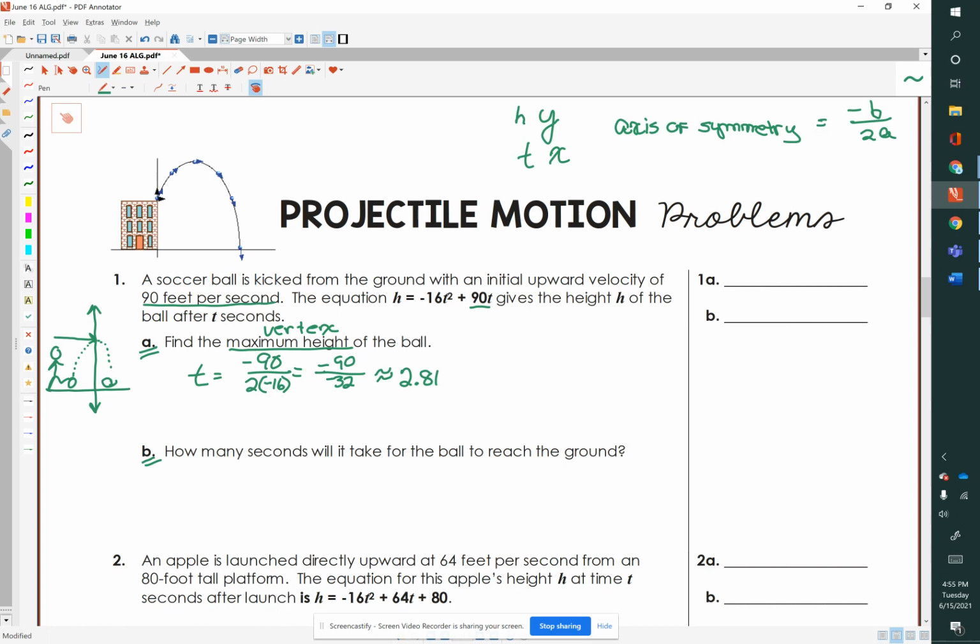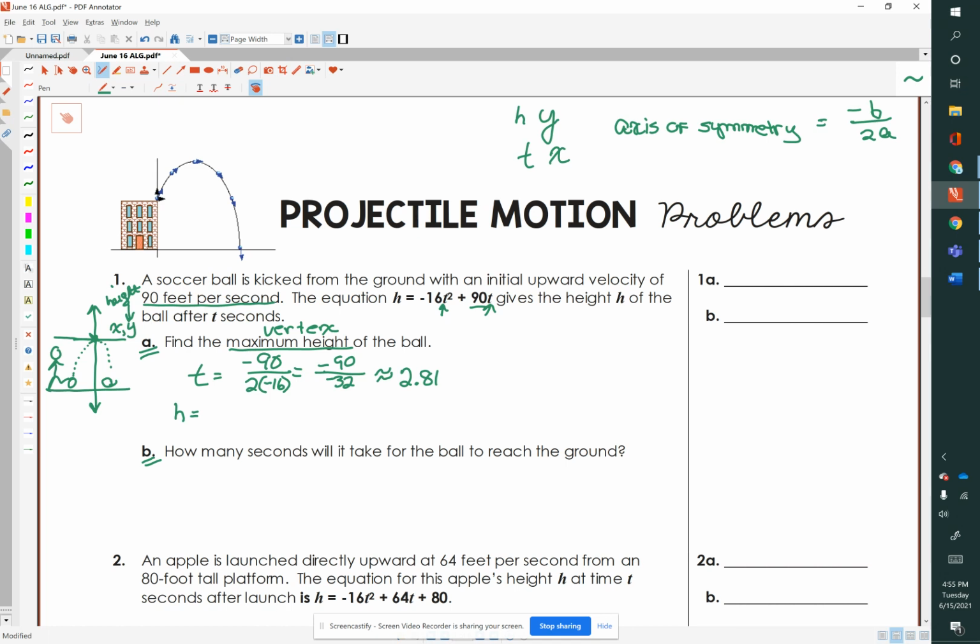So we're going to substitute the axis of symmetry for t in this formula. So h equals, so we'll get the y value. Remember, this vertex here has an x value and a y value. The y value is the height. So we've got our x value here, 2.81, or what we're calling t in these problems.